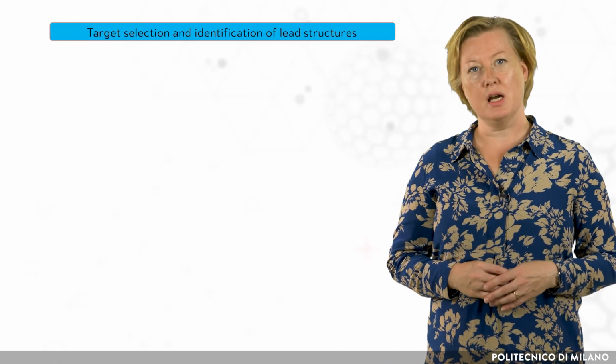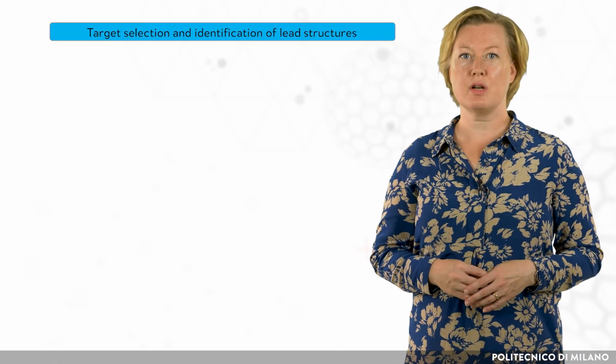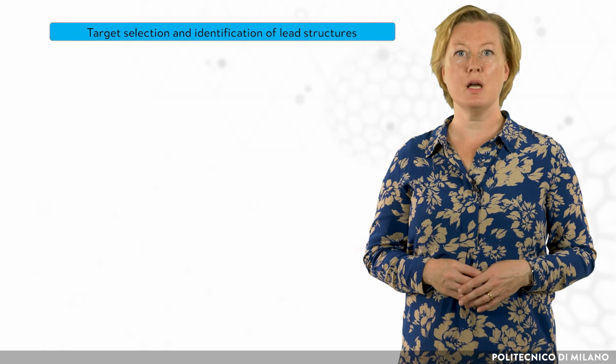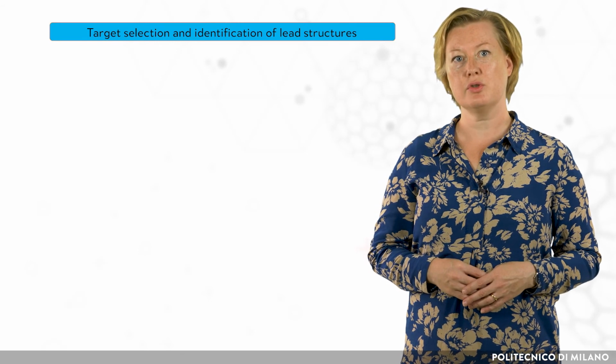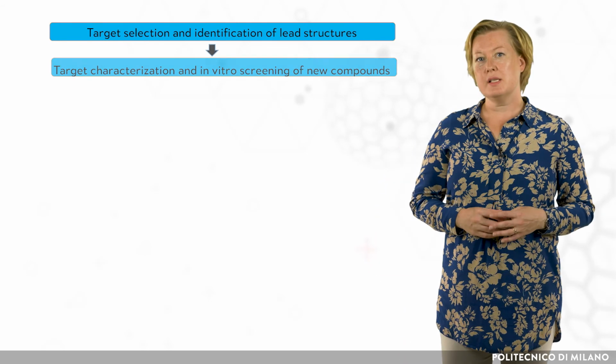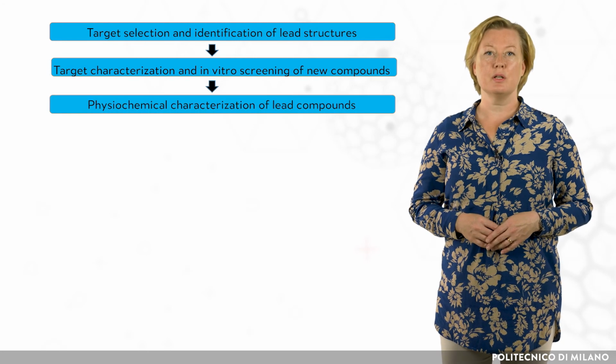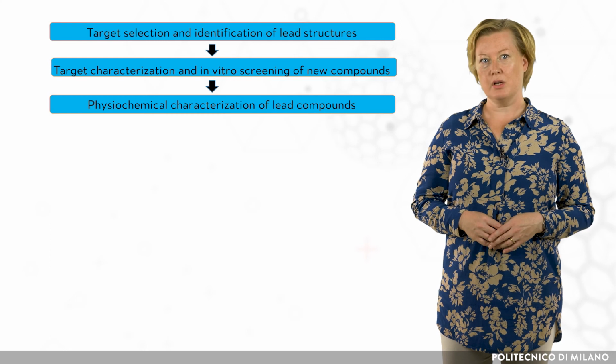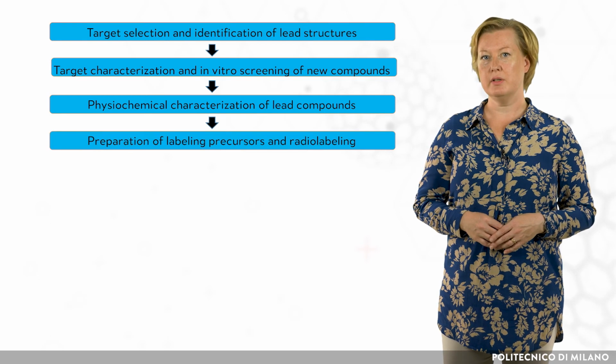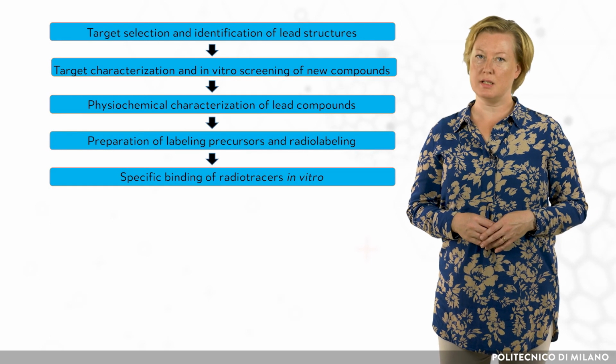The development of a new radiopharmaceutical follows a specific protocol. It starts with the identification of a lead structure among molecules with a biological activity towards a chosen target. The selected molecules are used to synthesize radiochemical compounds. Then their pharmacological activity is evaluated using in vitro cell studies.